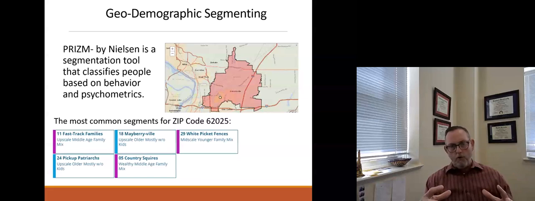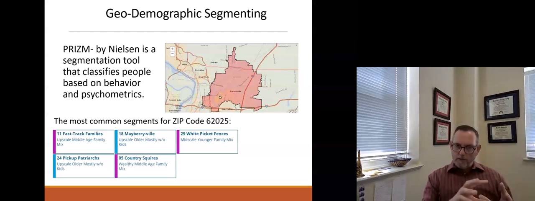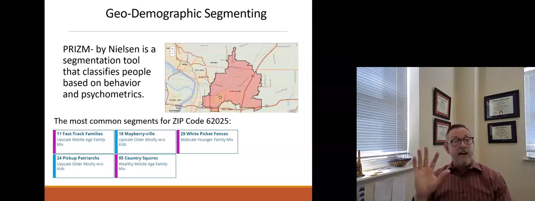You put a whole bunch of demographic, behavioral, and lifestyle data together. Within a zip code, you can identify how many, and kind of who lives there based on that data. You can segment and find groups of consumers, and they've identified the 5 top groups on the screen in this geographic footprint in this zip code.